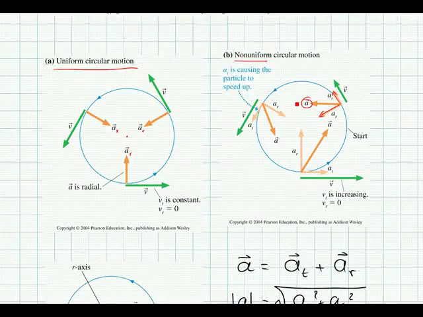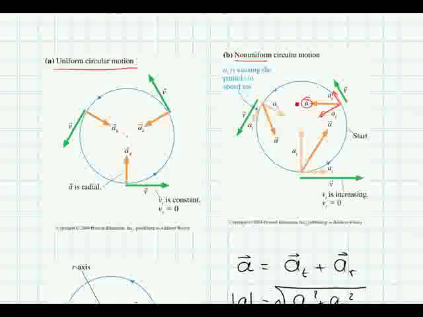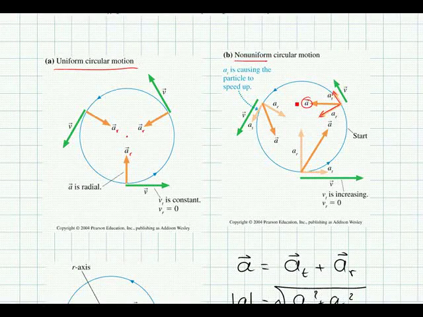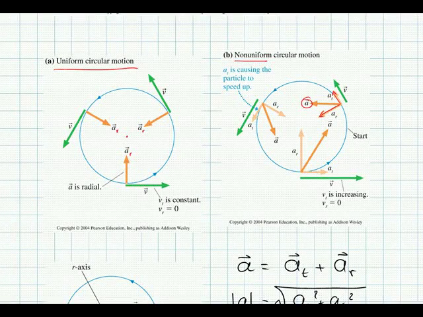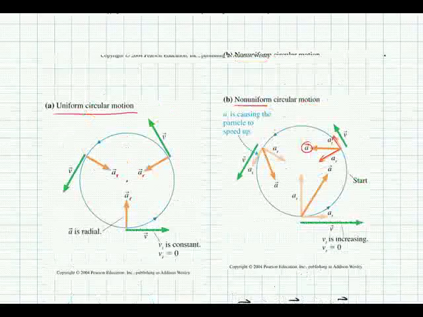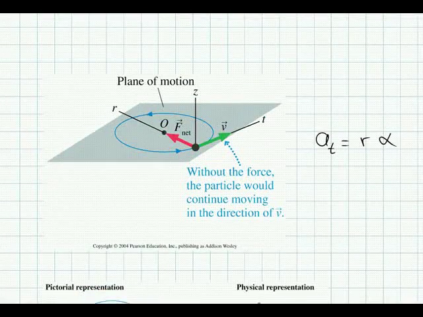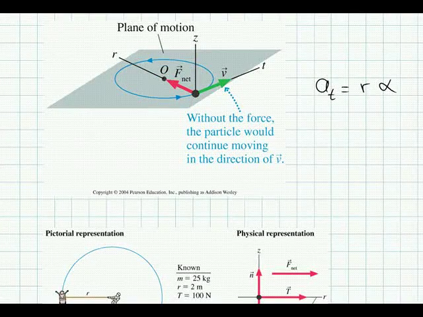It doesn't necessarily remain the same throughout. But in both cases, the important thing is that the path of the object remains circular. Very important to remember that. This is circular motion.